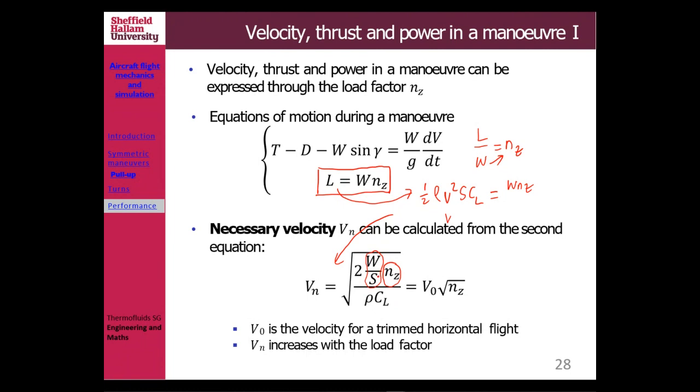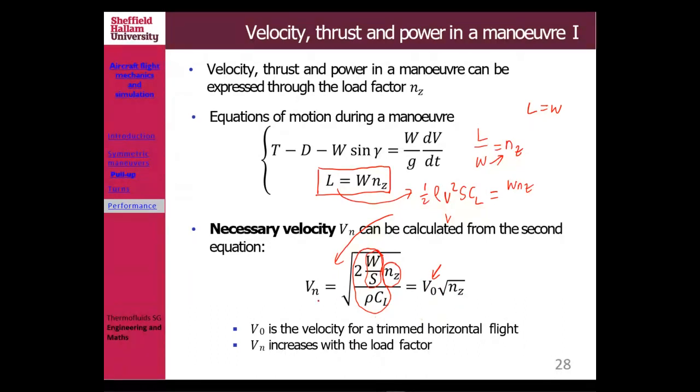Okay, now we know that in steady level flight, if Nz equals 1, lift equals weight, and you already have a speed, which is that one over there, right? So if you take that term, which I circled in red, as your initial speed V0 in steady level flight, then you end up with V equals V0 times the square root of the load factor.